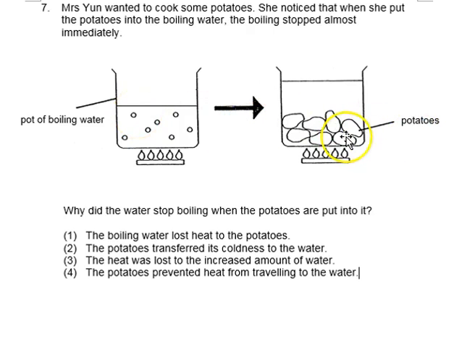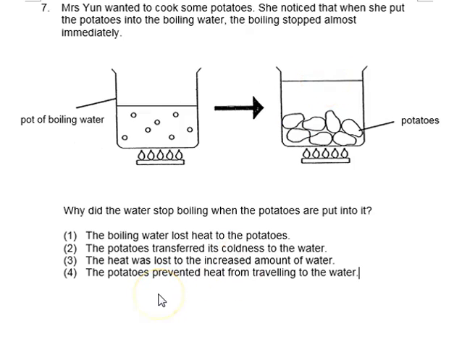And the potatoes are solids, and they also have a fixed volume. So fixed volume added to fixed volume, you have a greater amount of volume. Water cannot be compressed, neither can solids. But the amount of water in the pot remains the same. It has not changed. So the heat was not lost to the increased amount of water. The amount of water did not increase.